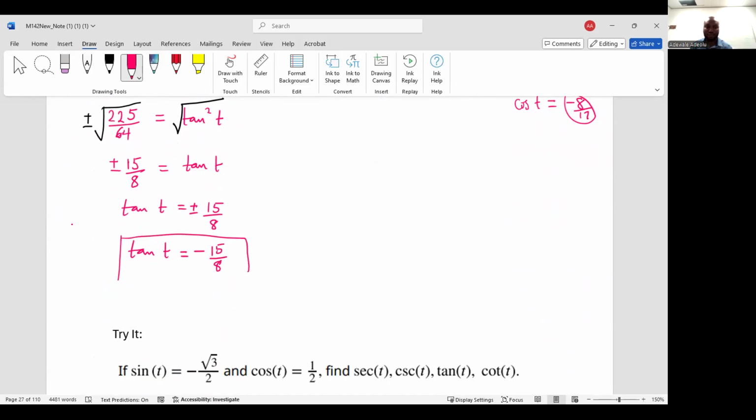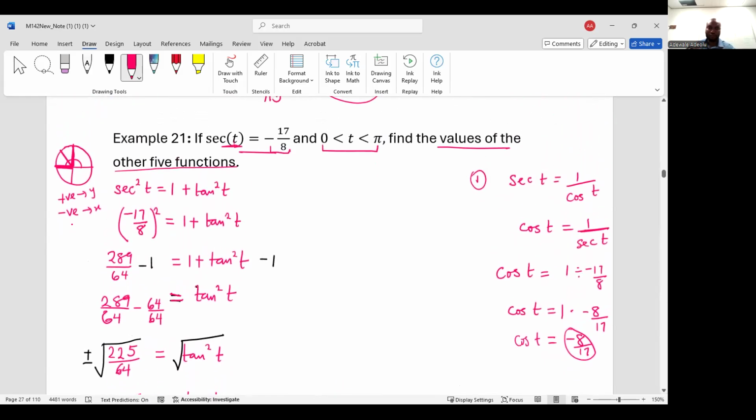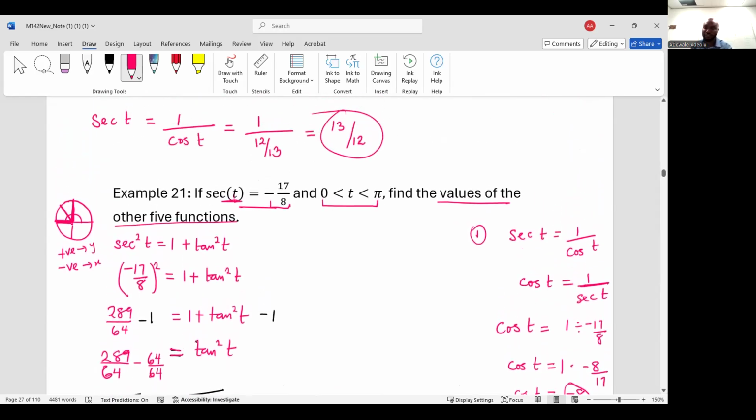Now, another thing I'm going to teach you is this. Let me put it here. We will always come back to it. In your unit circle, we can have this, and we call it All Students Take Coffee.